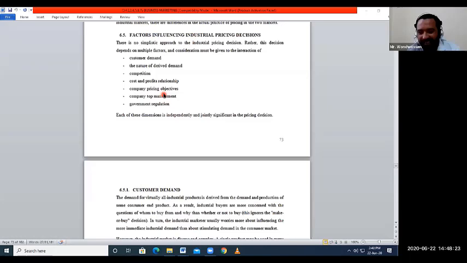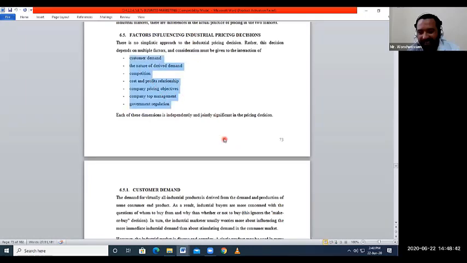So all these things will affect independently or jointly the pricing decision. The price decision is to set the price for a particular product. So the price is changed or affected as a result of all these factors.